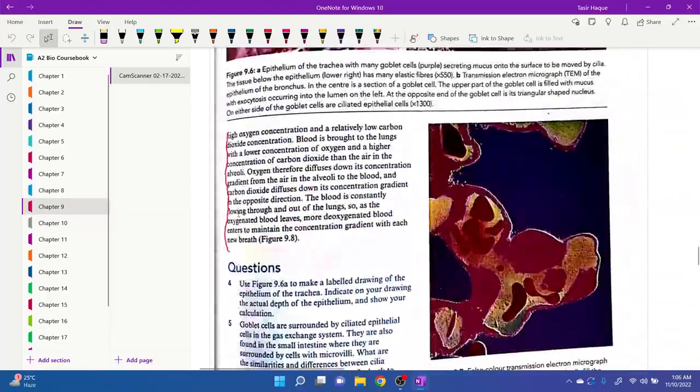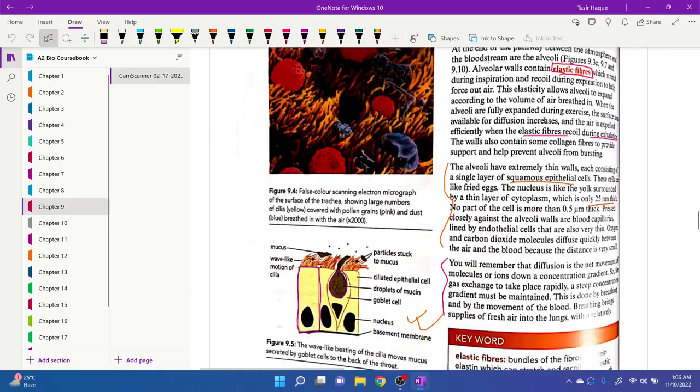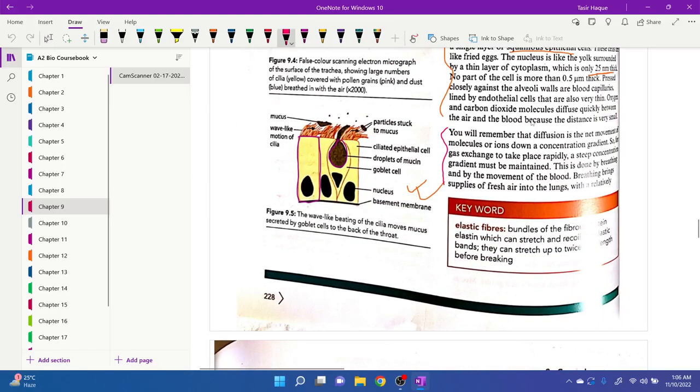I don't think this was something you knew beforehand. Basically, you can read this section over here. Like, how is the diffusion gradient maintained? Mainly by blood continuously coming in and air being ventilated continuously.